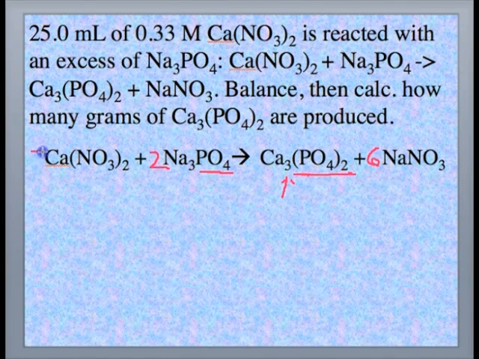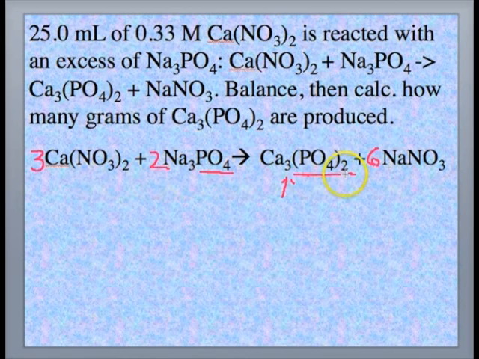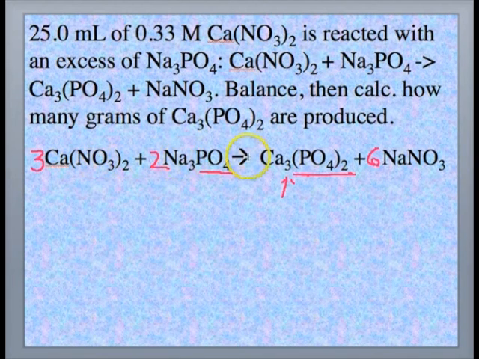I think I'll put a 3 right here, and that'll give me 3 calcium on the reagent side to match 3 calcium on the product side. And it also gives us 6 nitrate on the reagent side to balance 6 nitrate on the product side. So here's our balanced equation. By trial and error, we have the same number of moles of calcium and nitrate and sodium and phosphate when we're all done on both sides of the equation.